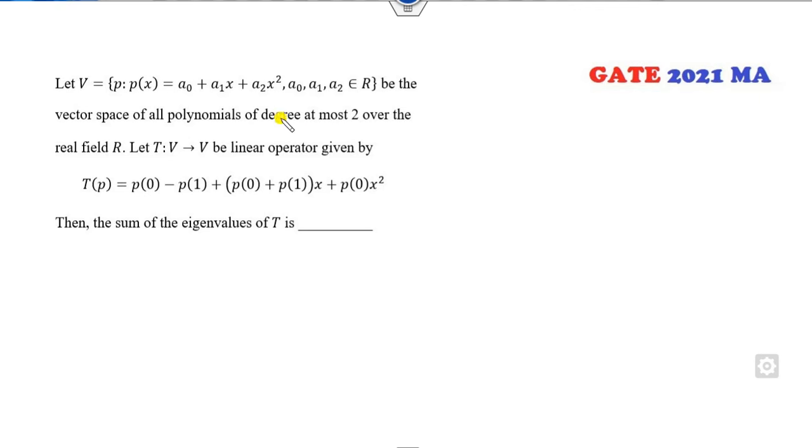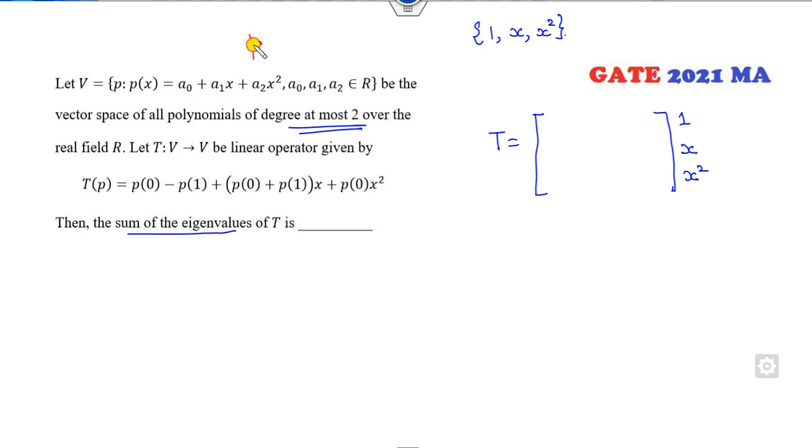Okay, let V be the polynomial of degree at most 2. So what are my bases? 1, x, x square. And T is the operator; the question asks for the sum of the eigenvalues. It means you have to construct a matrix with the basis 1, x, x square. Fine. Then again very simple. Firstly, you can take P of x as my 1.